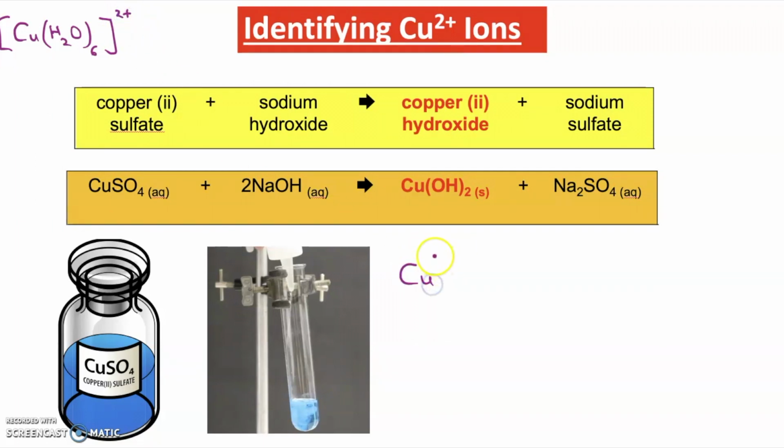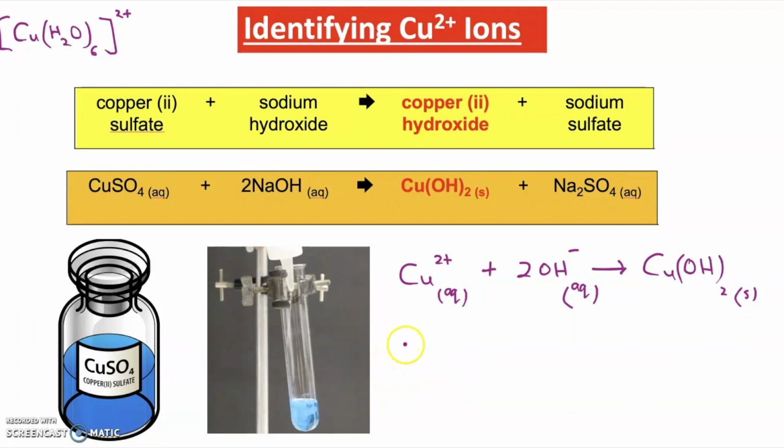So we can write our ionic equation as either Cu2+, and this is aqueous, plus 2OH- ions, which is also aqueous, forming the pale blue precipitate, which has the chemical formula Cu(OH)2, and this is a solid, so it has the state symbol S.